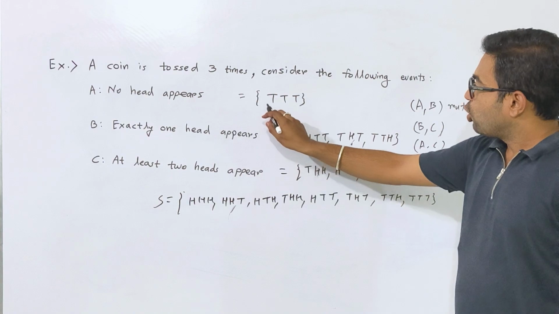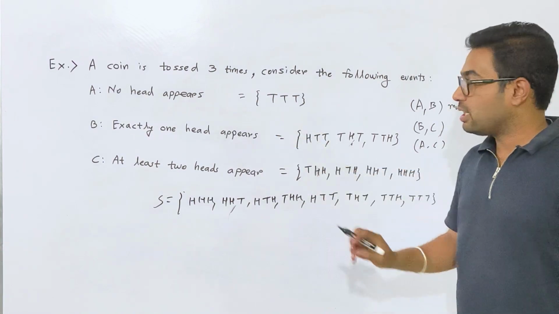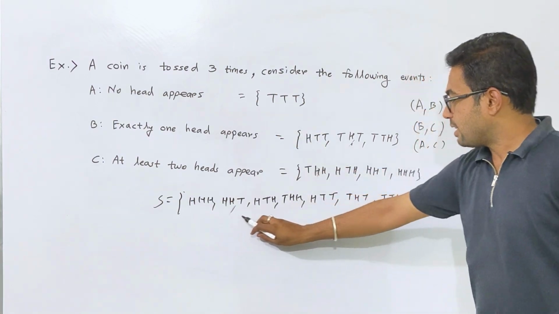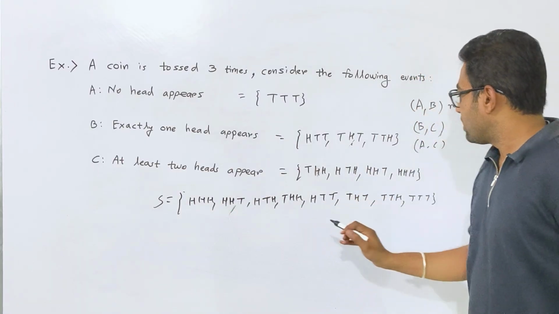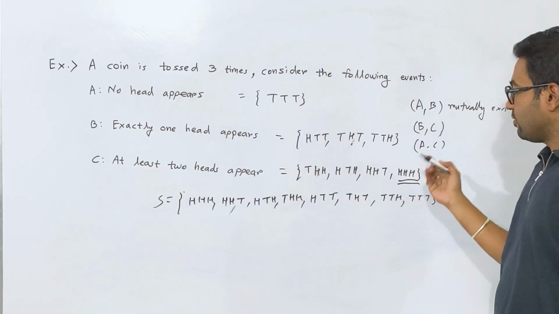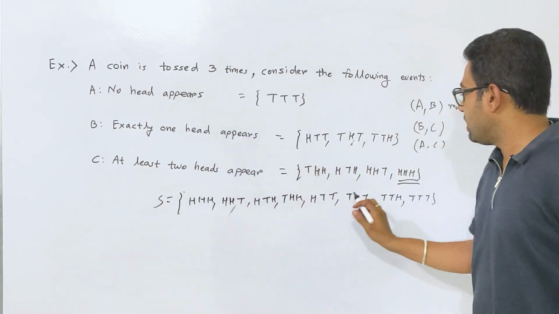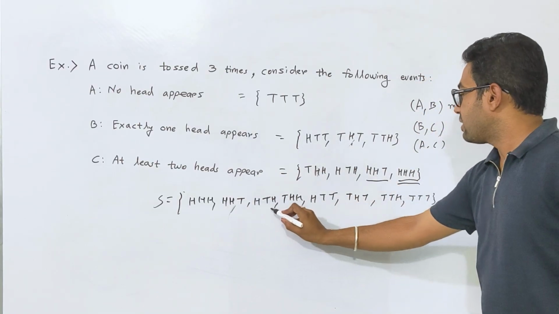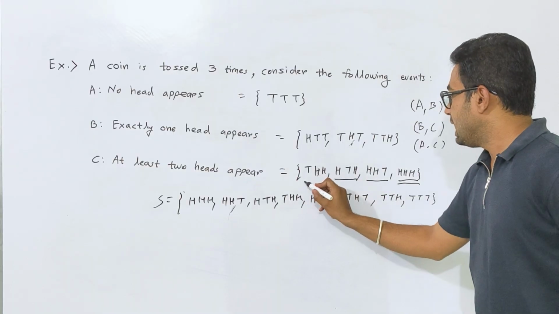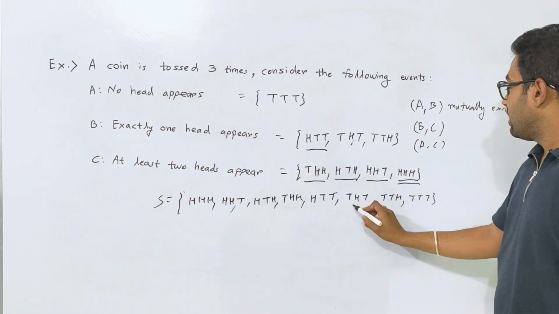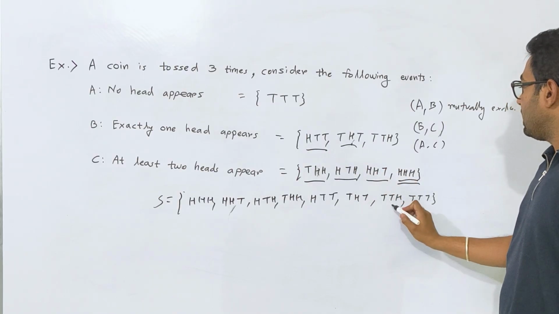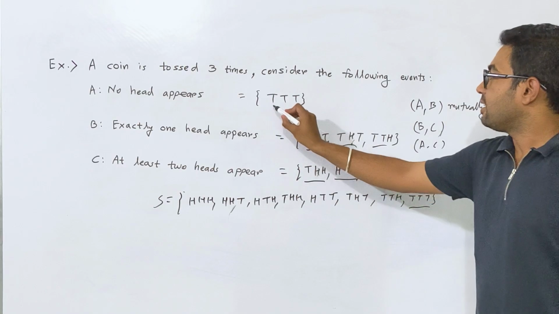But now look at the union of all these 3. Can I get the whole sample space S? Look, is triple H there? Yes, we have that triple H. Then HHT, it is there, HTH, it is there, THH, it is there, HTT, it is there, THT, it is there, TTH and TTT.